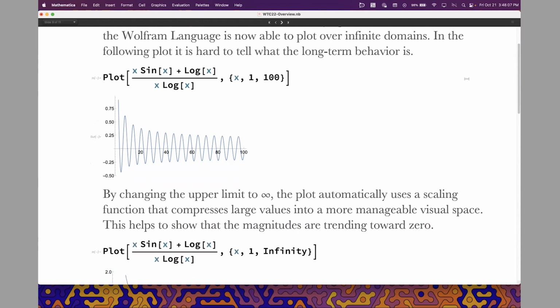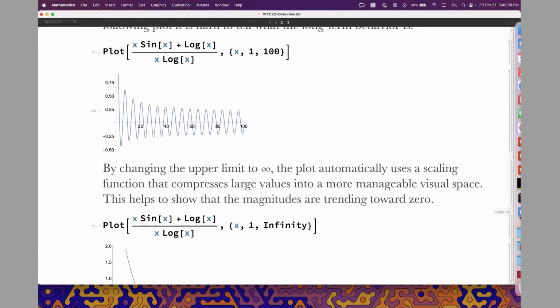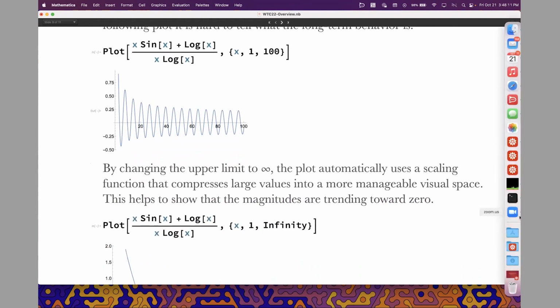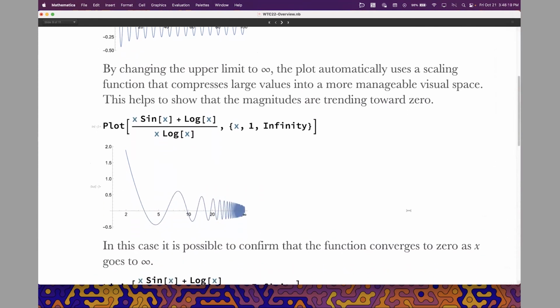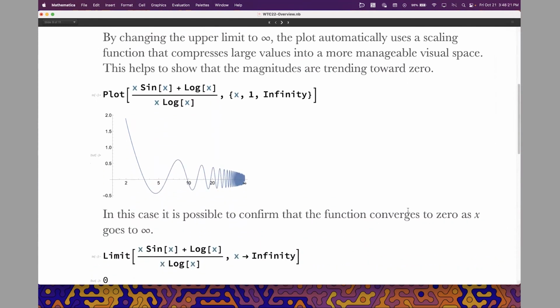But now what we can do is put infinity as one of the limits, or minus infinity and positive infinity as both limits, and do the plot. It's going to switch over to a scaling function that allows us to get closer to infinity. I'm not going to guarantee that we sample exactly at infinity. The function is probably undefined there.